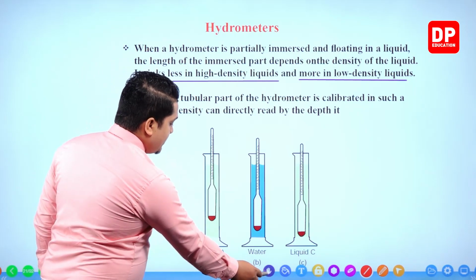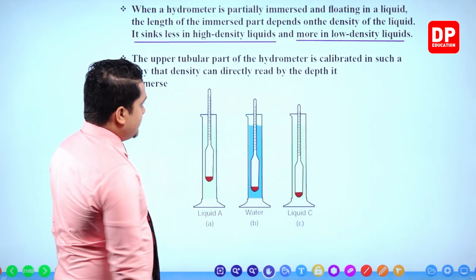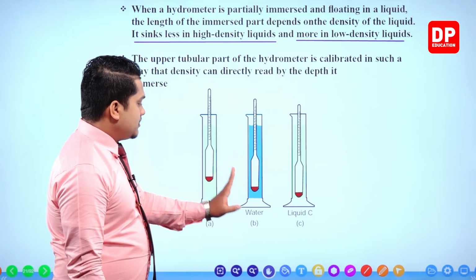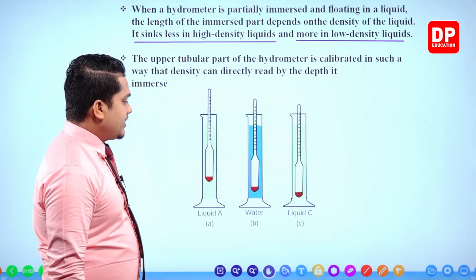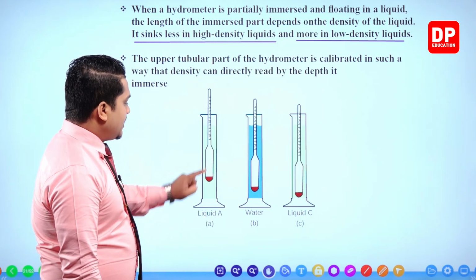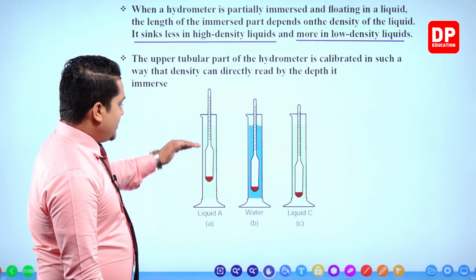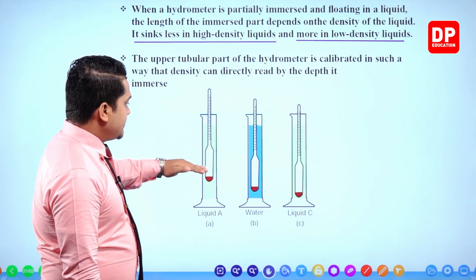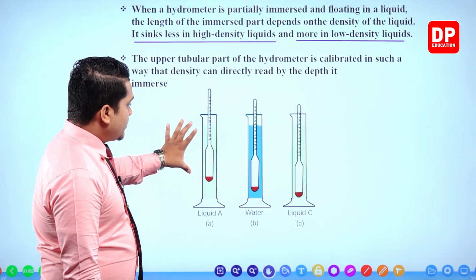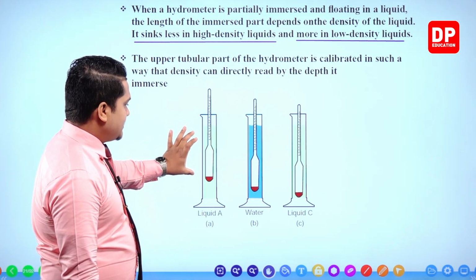So as you can see here, these are three liquids: liquid A, second one is water, and the third one is liquid C. In liquid A, the depth to which the hydrometer is going to sink is somewhat less.